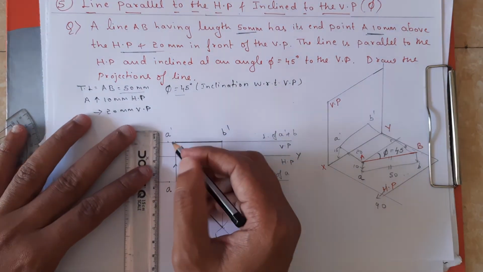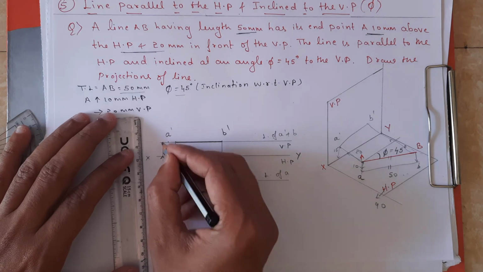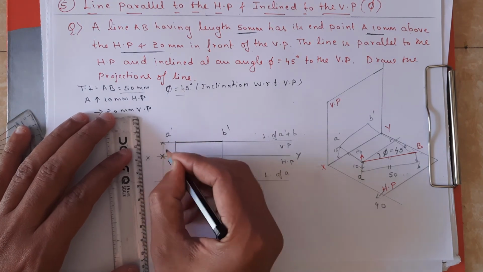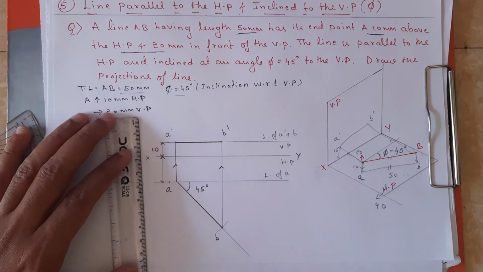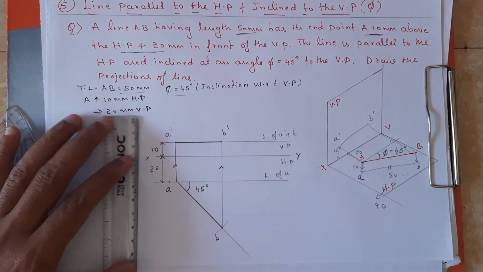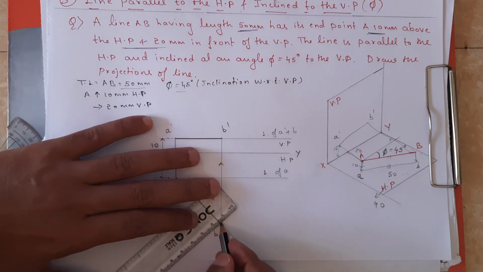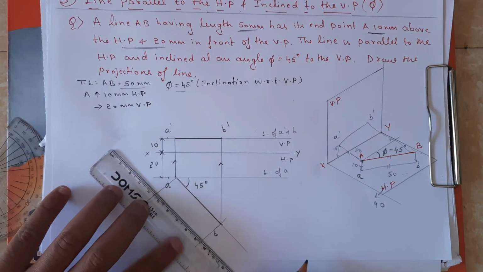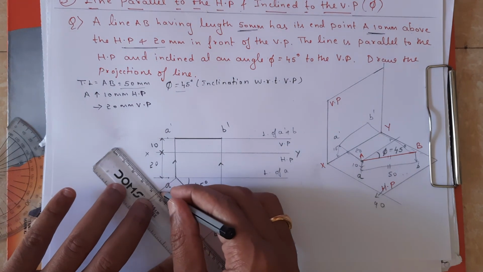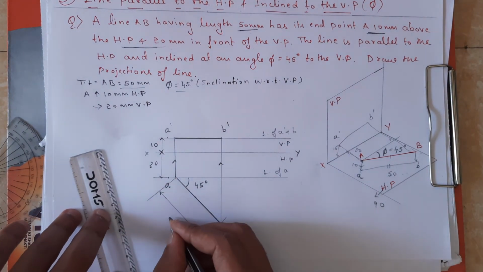Okay, what is the measurement from here to here? Here it is 10 mm, and here it is 20 mm. And also show the dimensions of this, as it also carries some percentage of marks.